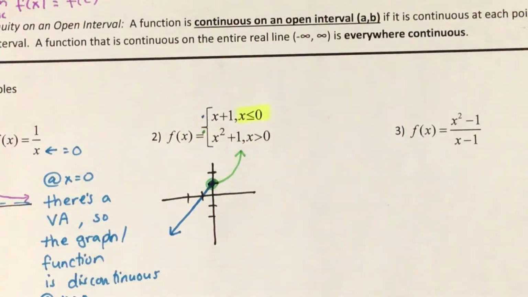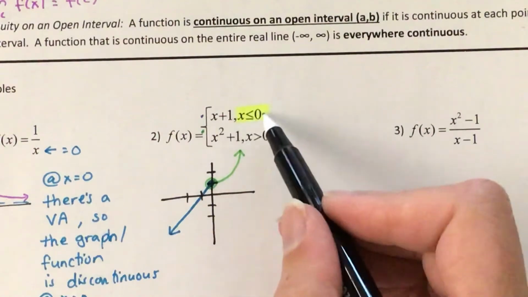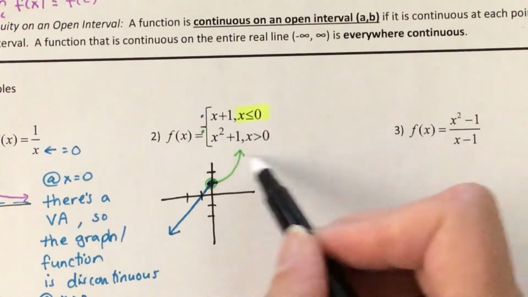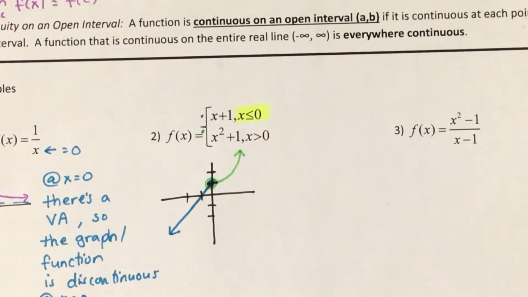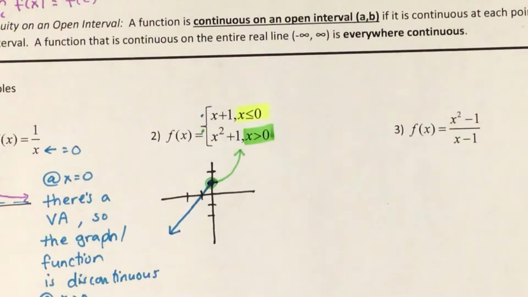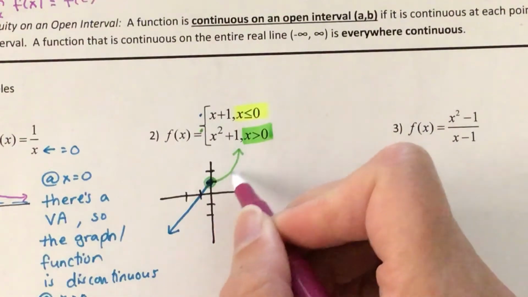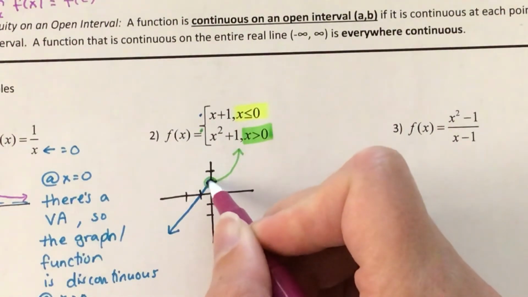Okay. Since we know that x plus 1 is continuous on its domain and x squared plus 1 is continuous on its domain, really the only thing we have to check is at the switchover of the domains, is our function continuous? And you can tell that a couple of different ways. You can tell it because the left-hand side and the right-hand side match up right there.